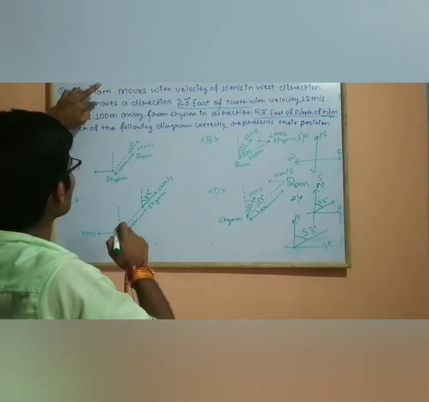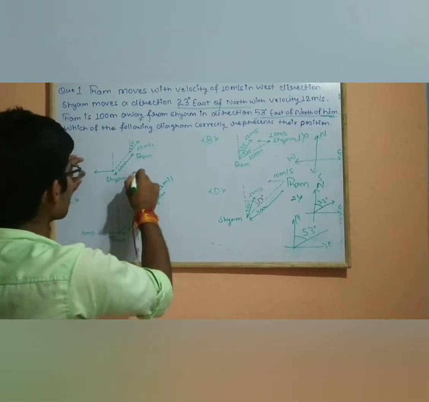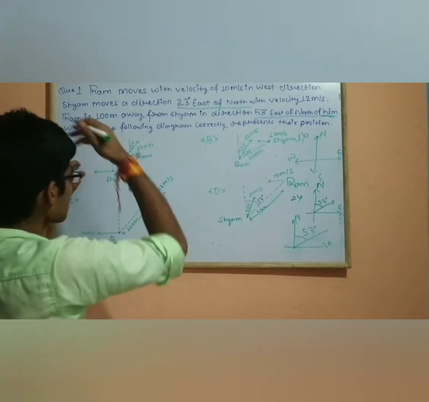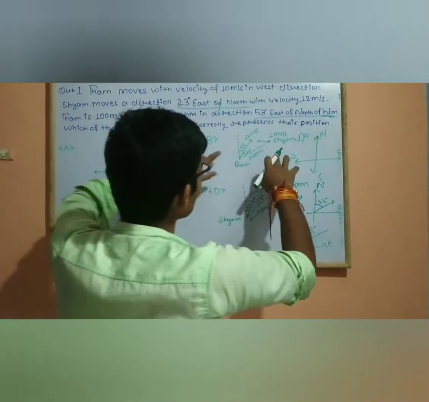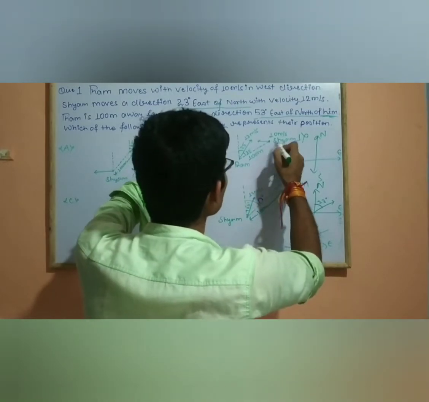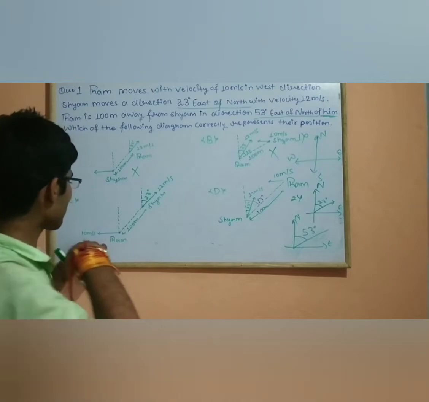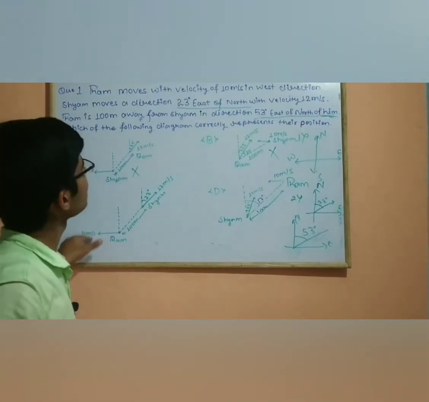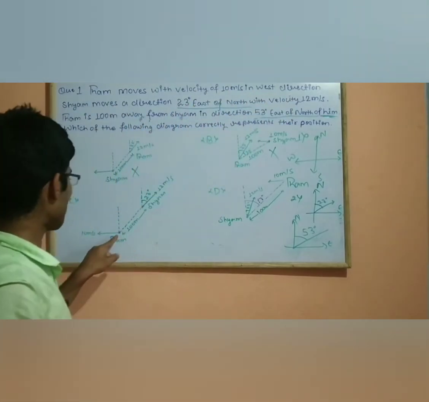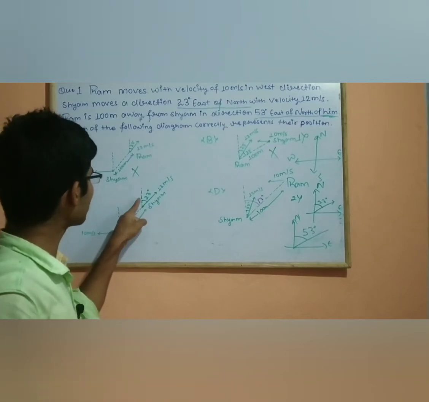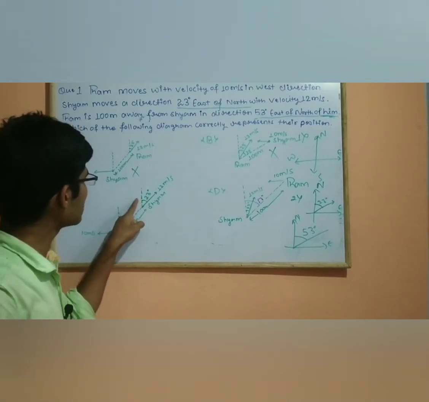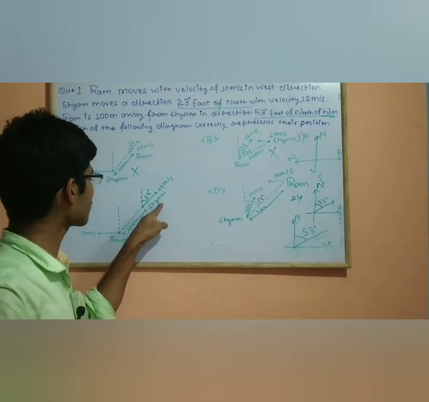So the statement of the question doesn't match with the option, so this is incorrect. In option B, Syam is moving toward the west, so this is also incorrect.